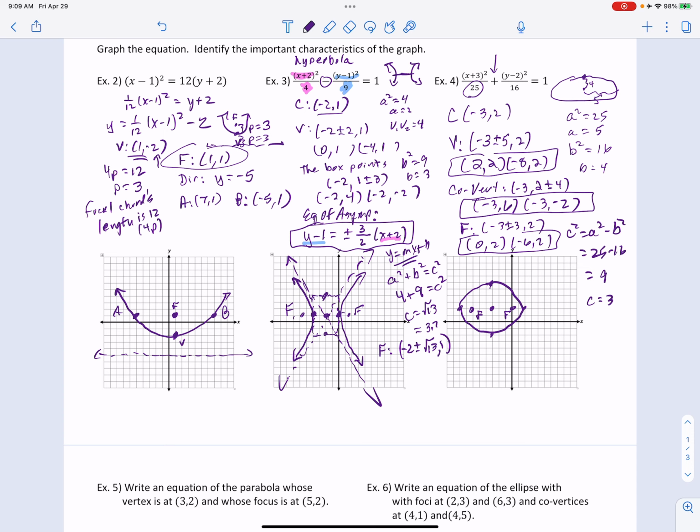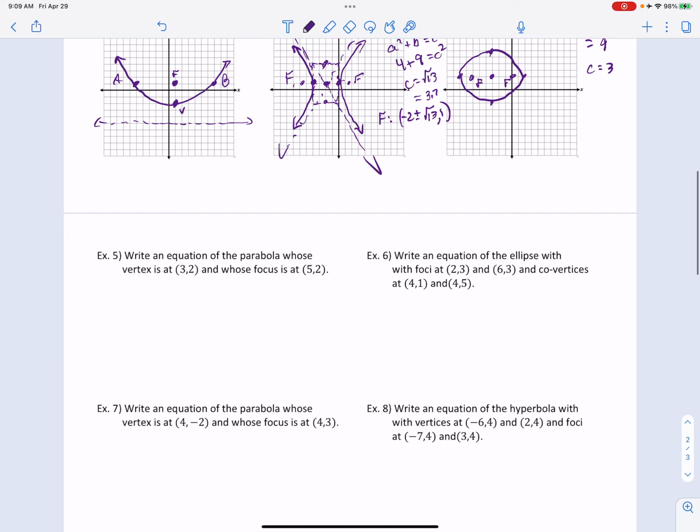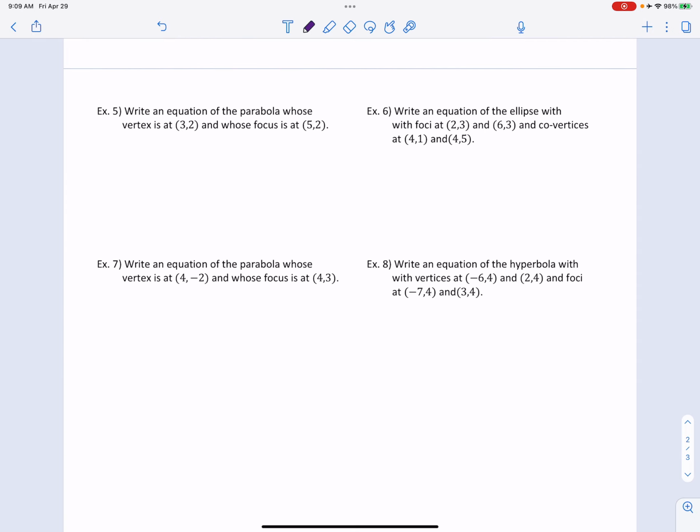Example 5. Write an equation of the parabola whose vertex is at 3, 2 and focus is at 5, 2. Well, I find that I need to sketch it out to kind of choose which equation of the parabola to use, whether it's a y squared or an x squared. And so if I go to the right 3 and up 2, that's a vertex.